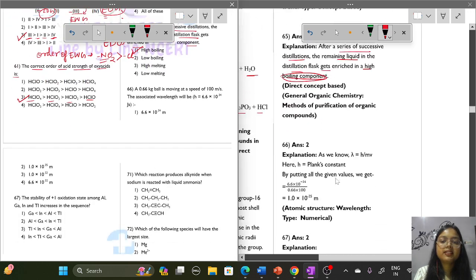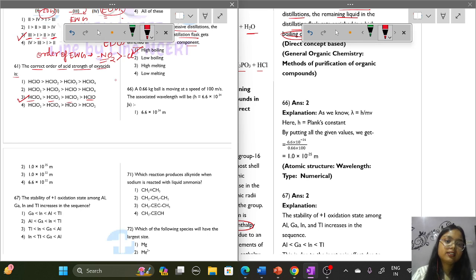Question number 66. A 0.66 kg ball is moving at a speed of 100 meter per second. What will be the associated wavelength? The value of Planck's constant is given as 6.66 into 10 to the power minus 34 joule second.